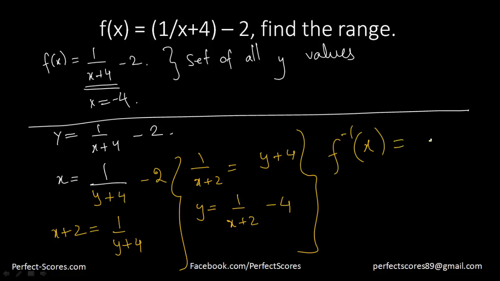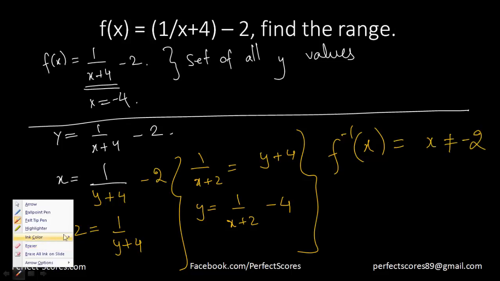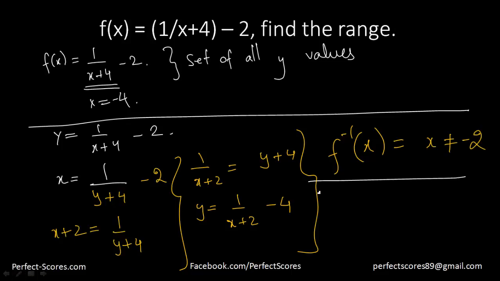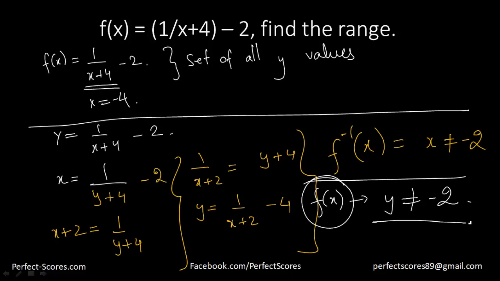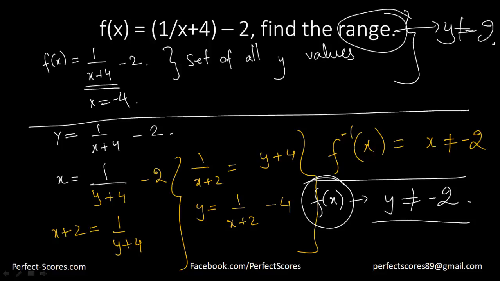So for the inverse, x cannot be equal to negative 2, which means for the real function f of x, y cannot be equal to minus 2. That means all the values would be in the range apart from y = minus 2.